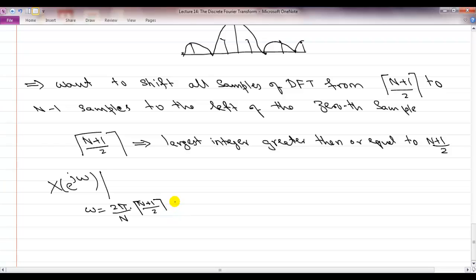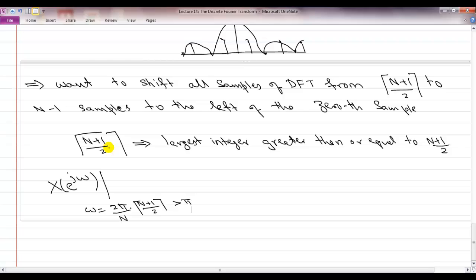If you do that, then this will be bigger than pi. So the sample of my DFT at the ceiling of (N plus 1) divided by 2 is always bigger than pi, and so we want to move all of the samples, including that sample, till N minus 1 to the left, so that we can get a nice picture.